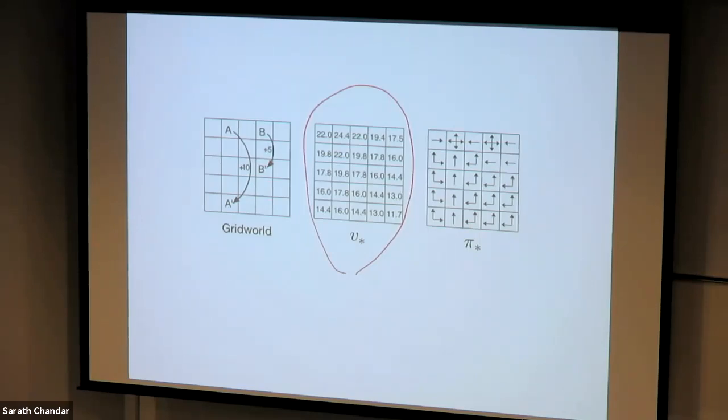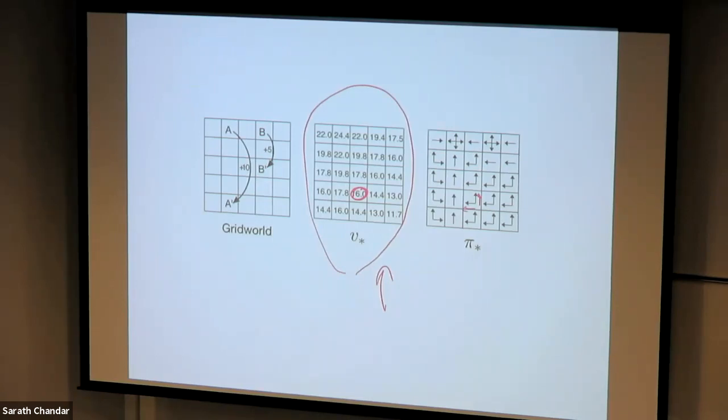Given this value function, how do we construct the policy? Let's take an example state. Can you tell me what the optimal action to take in this state is? Top and left, right? They're both 17.8, so you can see that the optimal policy is top and left.